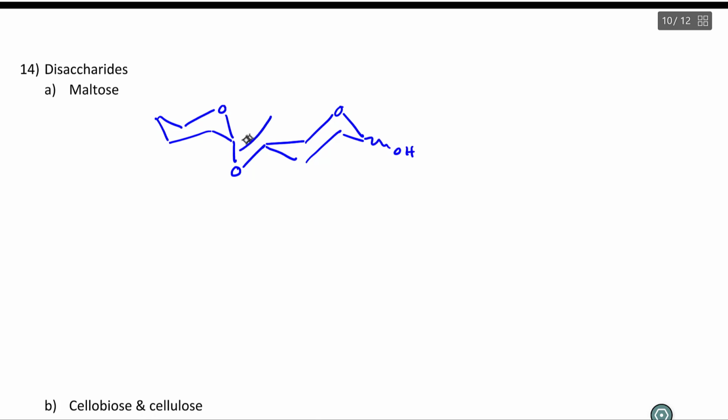Now, this configuration is in the alpha configuration, and we would notate this as an alpha 1,4' glycosidic bridge or bond between the two monosaccharides. So it's an alpha 1,4'. The prime is because it's on a different ring. This anomeric carbon can either be in the up or down position, so you have alpha maltose and beta maltose.